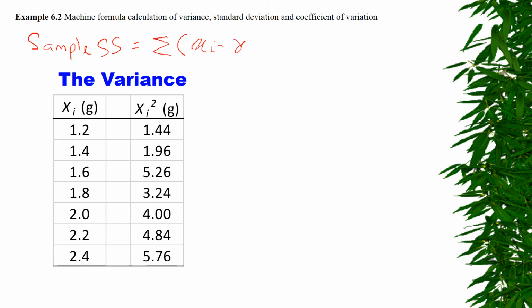Since the calculation of sample variance can be tedious for large samples, it can be facilitated by the use of an equality. The sum of squares can also be denoted by the summation of xi squared, minus the square of the summation of xi divided by n.